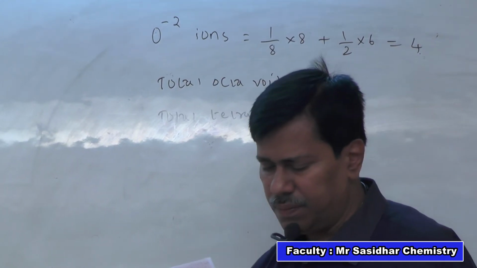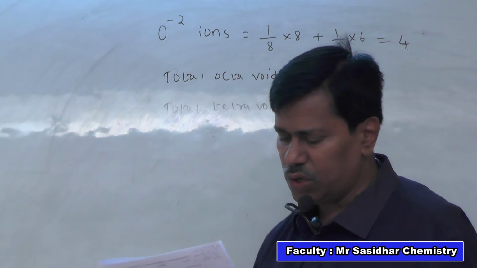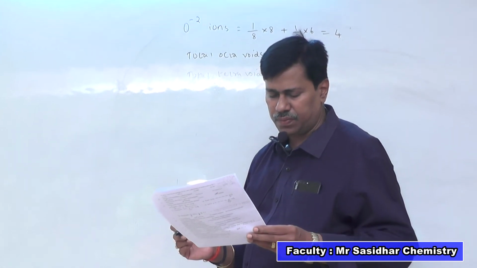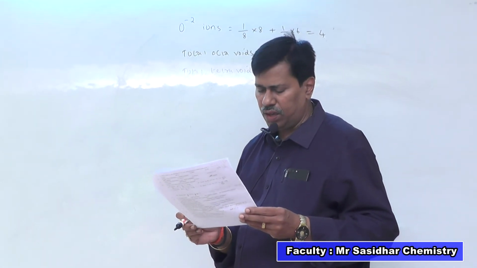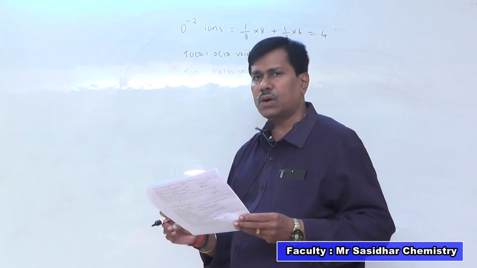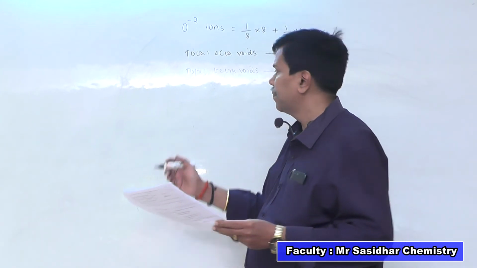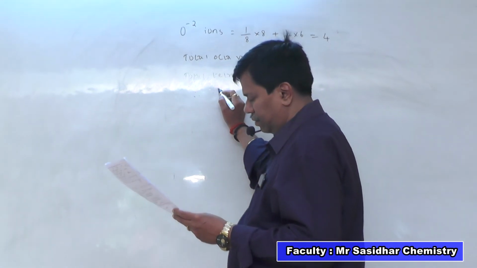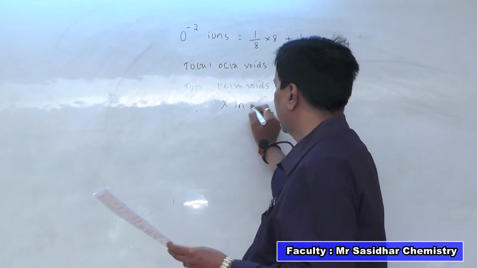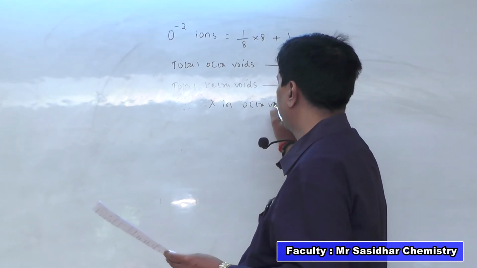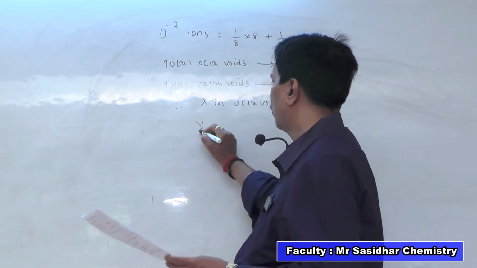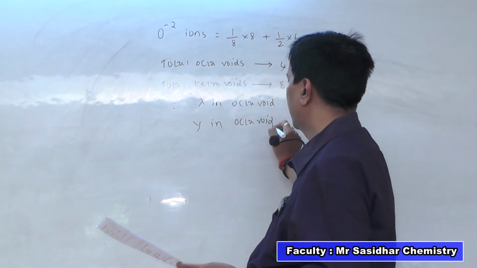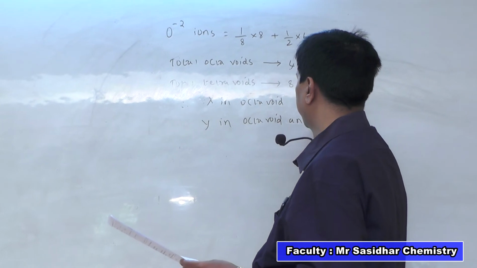Now it is given X is occupying octahedral voids and Y equally distributed between octa and tetra. Therefore, X in octahedral void, Y in octahedral and tetrahedral void.